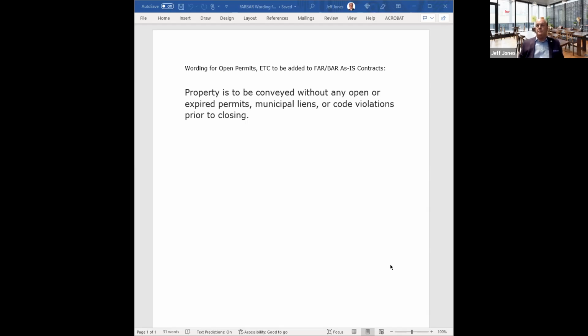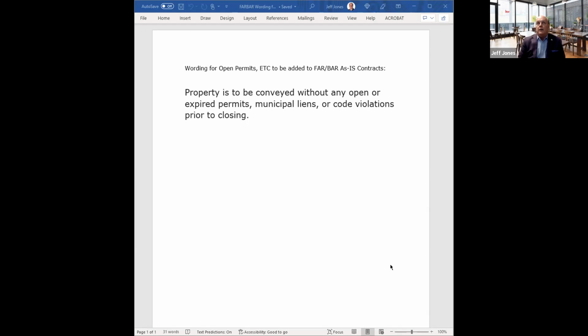Now the closing date's coming up, and the roof is still not completed. There was no language in there about any open permits. They just promised everybody the roof would be done, no problems. But now we have an open permit for a roof that can't be closed out until the tiles are all installed and the permit's closed.